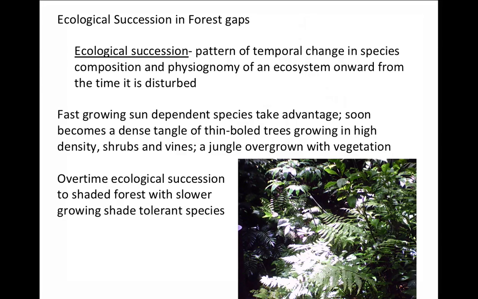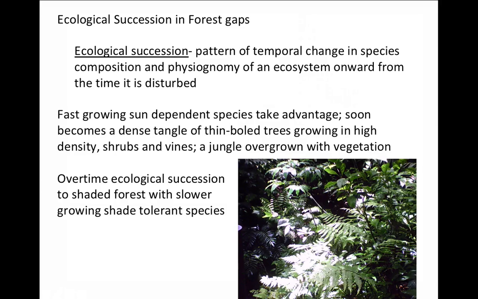And so what we see is a changing succession. I'm sure you've heard that term. It's a pattern of temporal change in the species composition and the physiognomy of an ecosystem from the time it's disturbed onward. And so most immediately you see fast-growing sun-dependent species, like I just showed you, the Cecropia, and they grow, and other species will grow and take advantage of that.